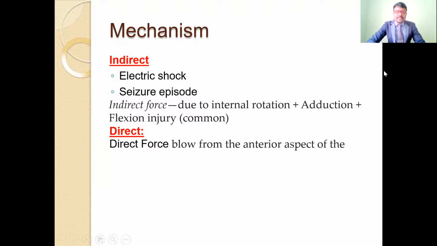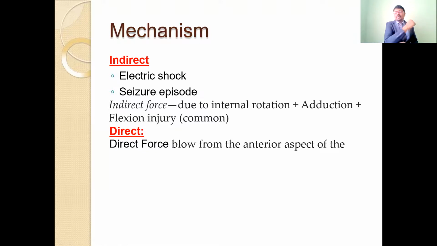As for the causative factors and mechanisms, especially electric shock and seizure episodes. Because of an electric shock, we don't know how the movement is going to happen. If there is a sudden forceful movement, they may get internal rotation, adduction and flexion.